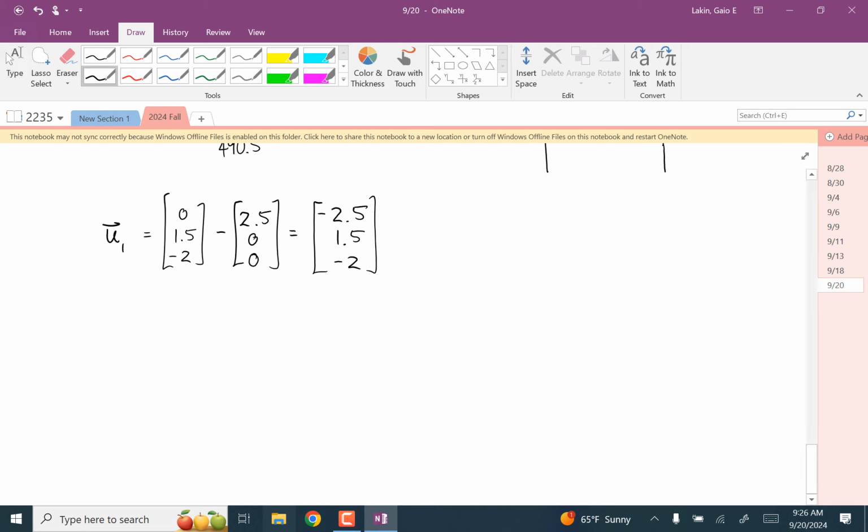Okay, so that's the vector. Now we want the unit vector. If you have a TI-89 or a TI Inspire, there is a function built in called unitV.